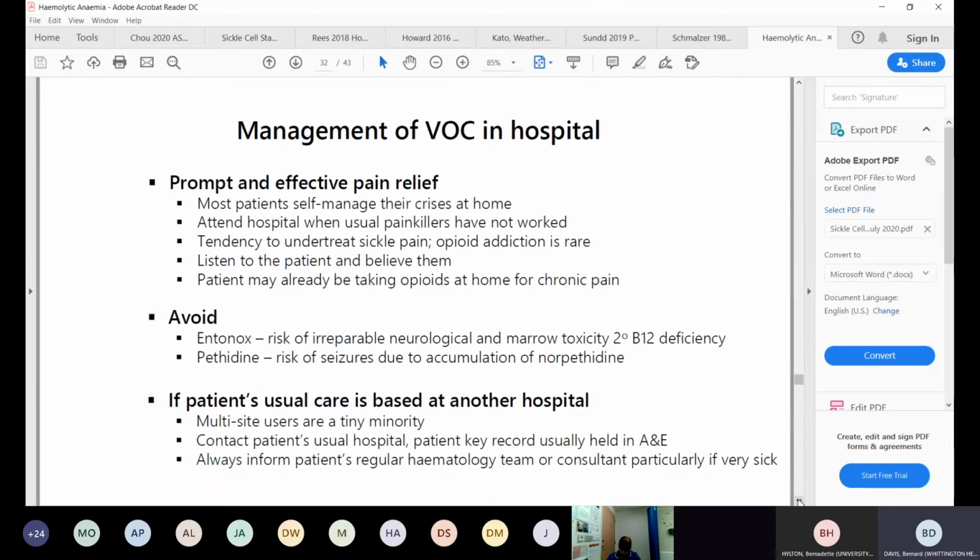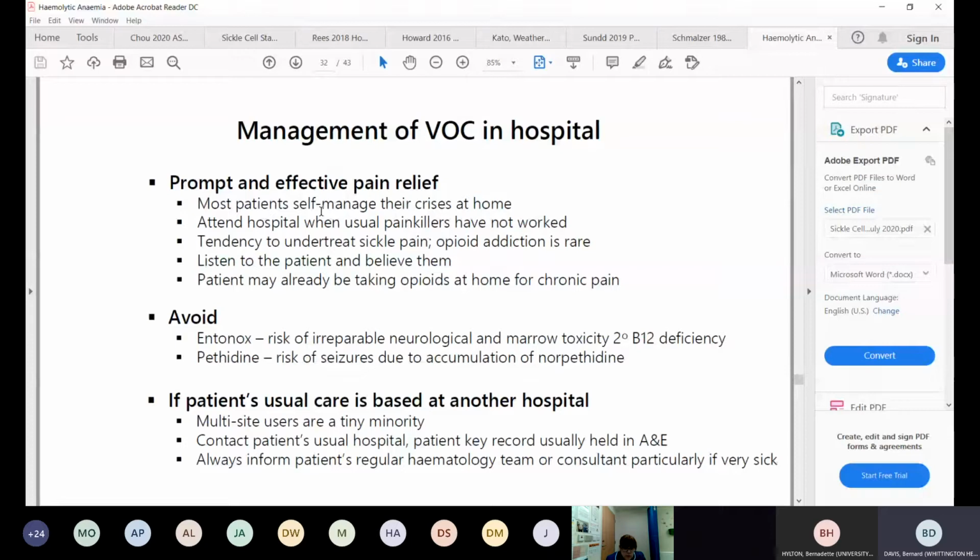So how do you manage a painful crisis in hospital? I know I'm going at a galloping rate. Well, number one is this: obviously, pain needs to be relieved promptly and effectively. And here again, let me emphasize this point because it's a cause of a lot of aggro and distress and unhappiness. Most patients manage their crisis at home.